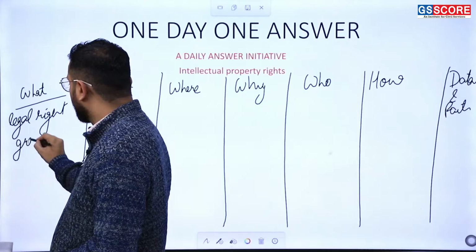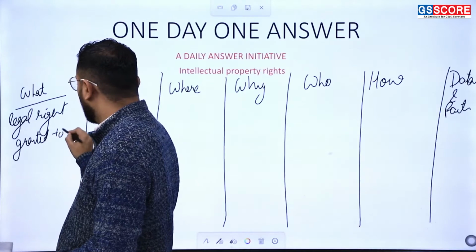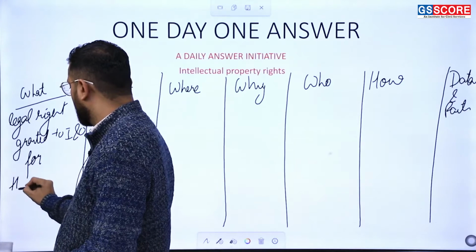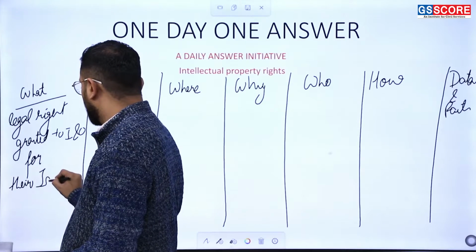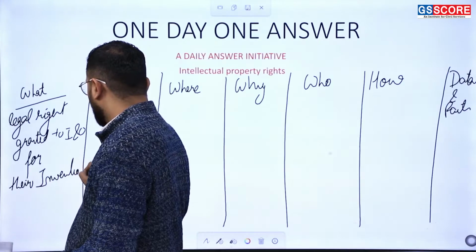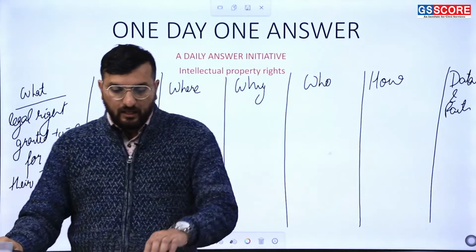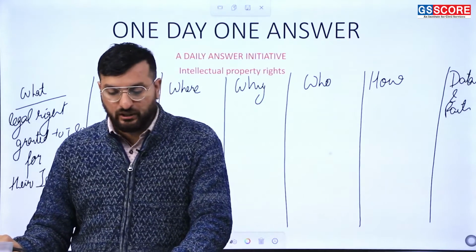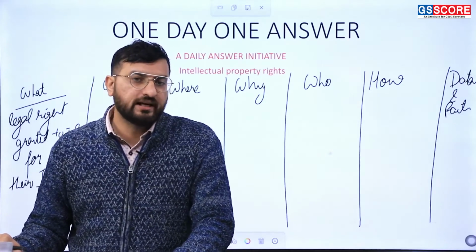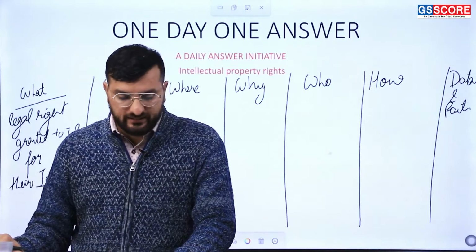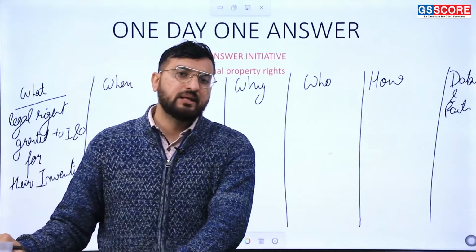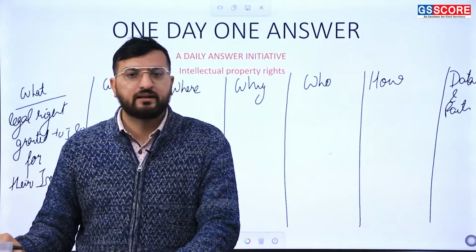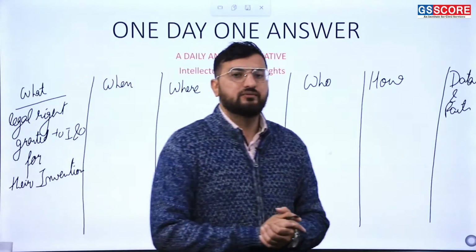These rights allow the individual and the organization to control the use of their creation or to commercialize it, and also help them by providing economic incentives for their innovation and creativity. So this is your definition for IPR.